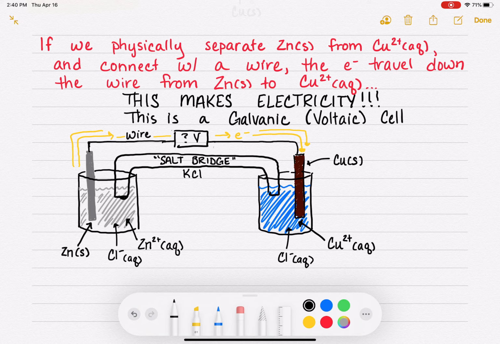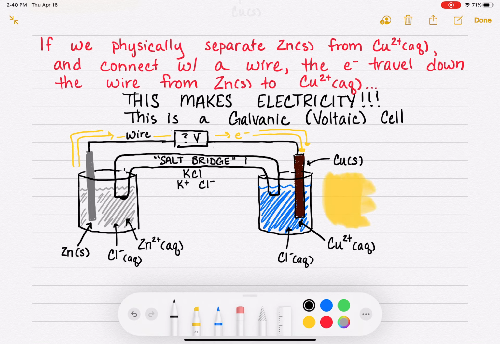And as this redox reaction takes place, potassium ions and chloride ions from the KCl are free to migrate through the salt bridge and actually down into the solutions to help keep everything charge balanced. So in this particular setup, where we have electrons that are heading over to the right side, we have the potential to be building up negative charge over on the right side.